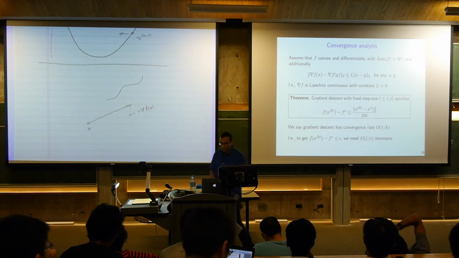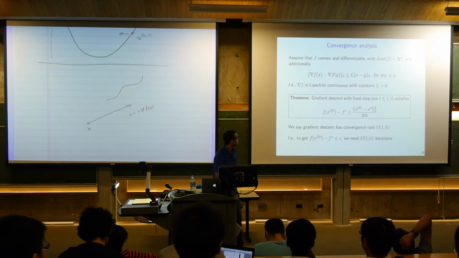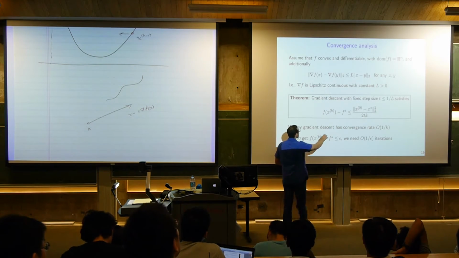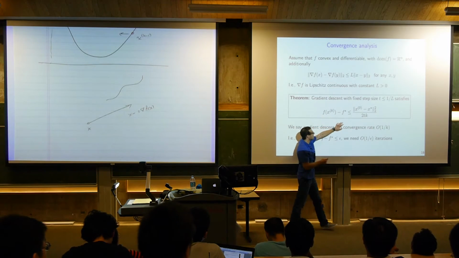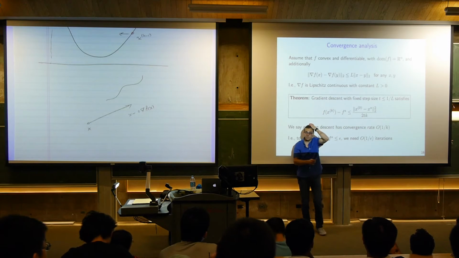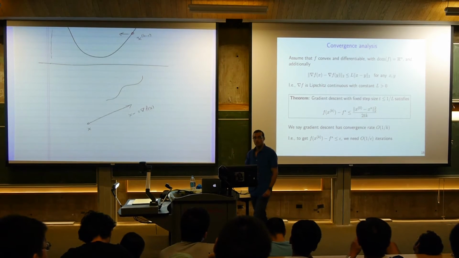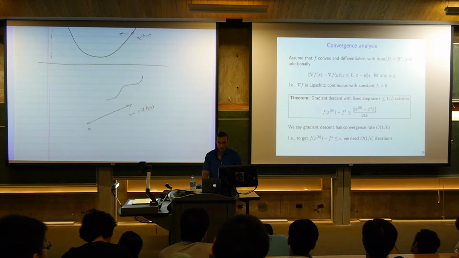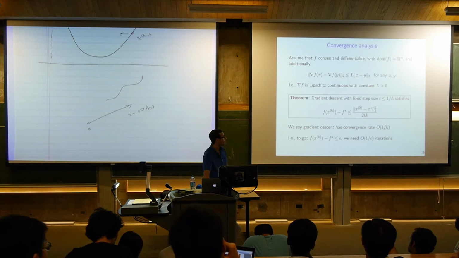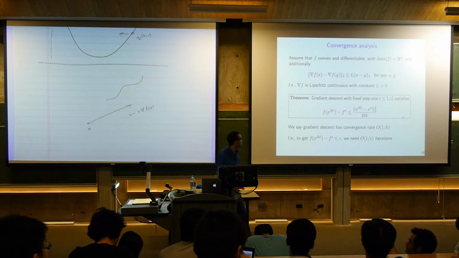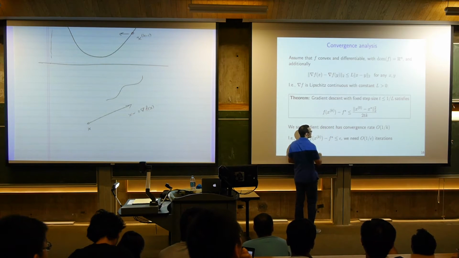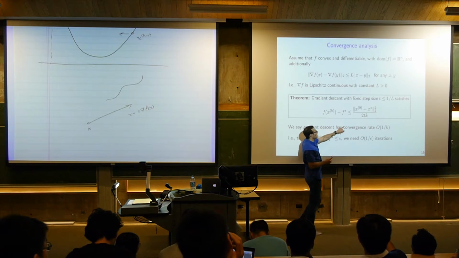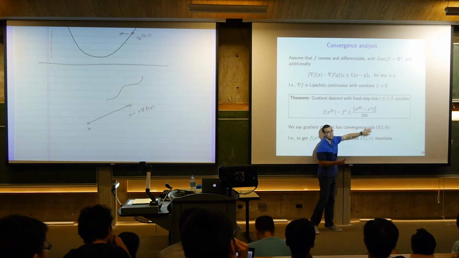What that means is that we can expect the suboptimality that we incur to go down like something times 1 over k. That's why we say that gradient descent has a convergence rate of 1 over k, because after k iterations, the suboptimality at the kth iterate is like something times 1 over k.